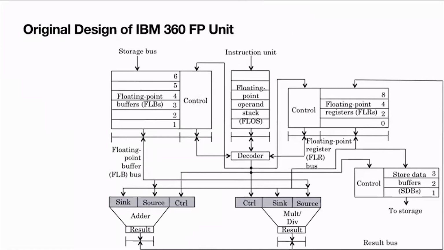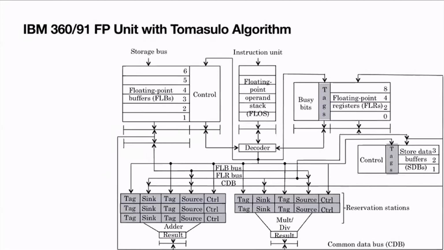If you just go back, you can see here that each floating point unit has a one-entry buffer, and also the result will be written only to the floating point register file, FLR. But what Tomasulo modified was, instead of a single-entry buffer for each of the floating point units, he considered multiple-entry buffers, and he called those reservation stations.